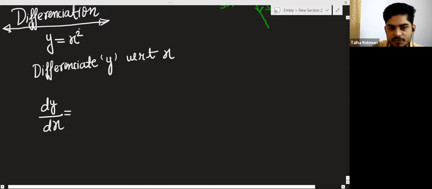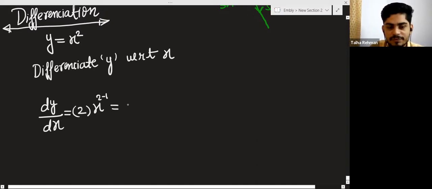And if you want to calculate the differentiation of y, where y is equal to x square, then first you will write this 2 here, and in the power you will subtract 1, so 2 minus 1.